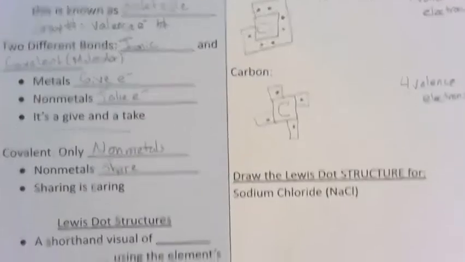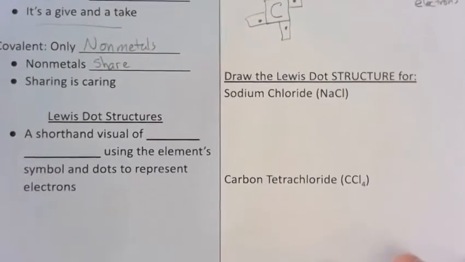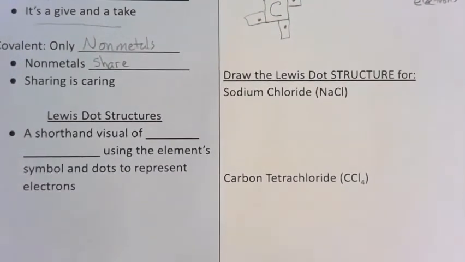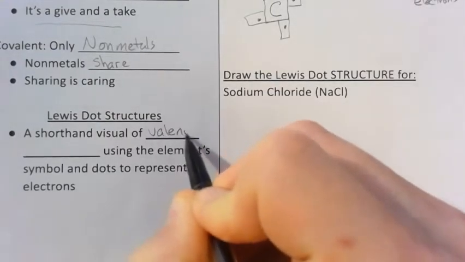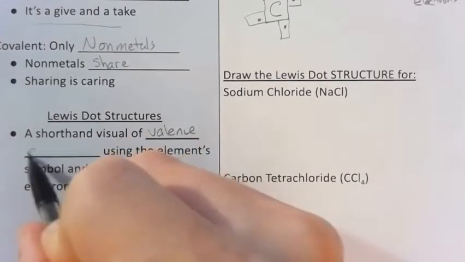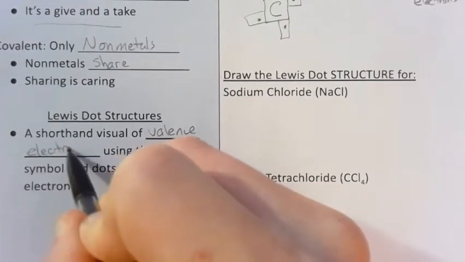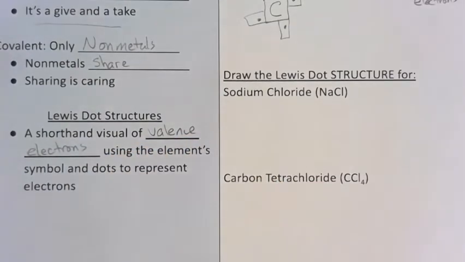Okay. So this is where we get to this idea of drawing what's called a Lewis dot structure, which is a shorthand visual of valence electrons using the element symbol and then dots to represent the electrons between those elements.